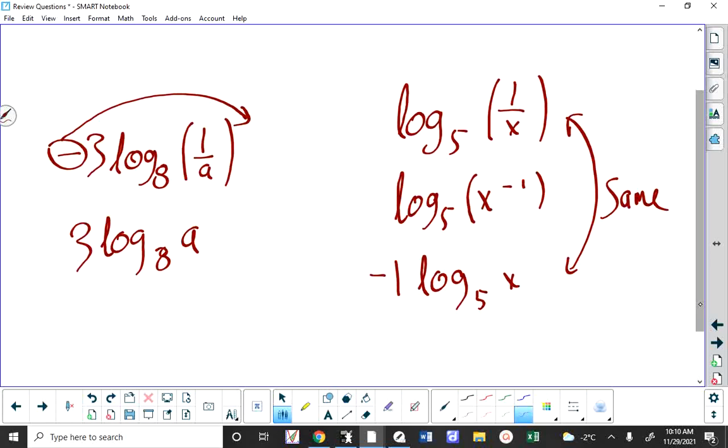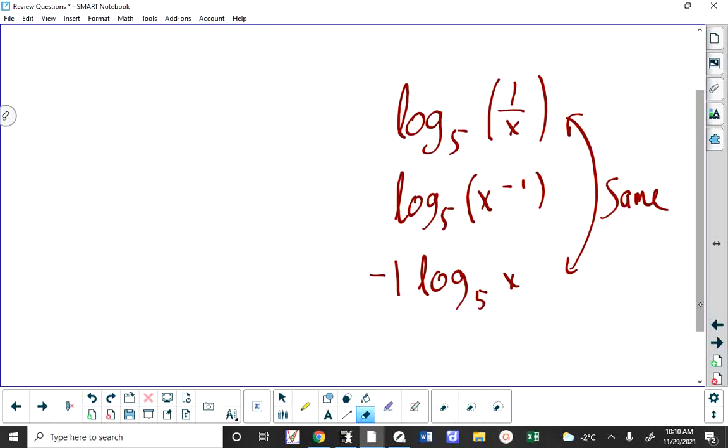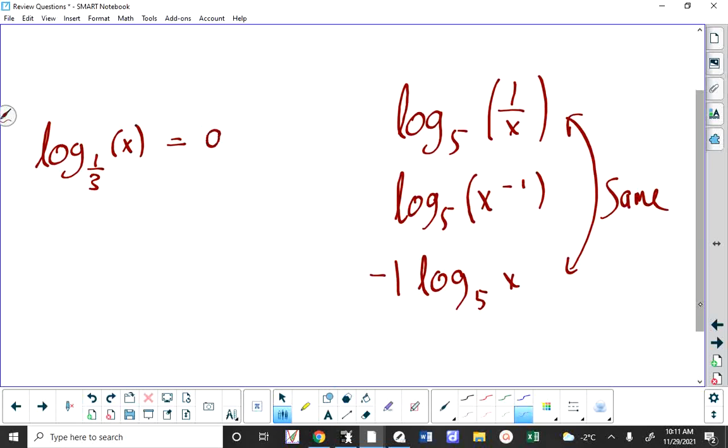On the other hand, if we had, and I'll go away from the 5s here, log base 1/3 of x equals something. All right? And you're not going to do this every time. I'm going to give you the rule and you will learn from it. I could write that in exponential form as 1/3 raised to the a equals x. I could write the 1/3 as 3 to the negative 1.